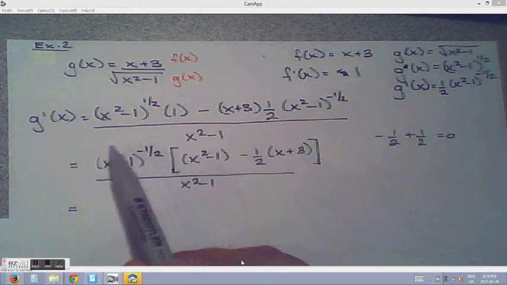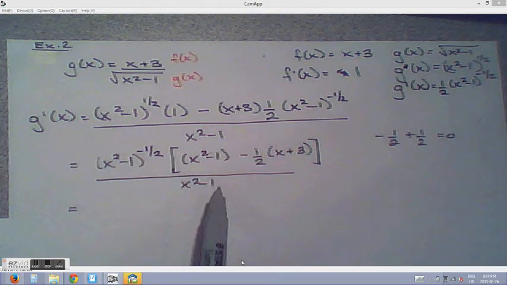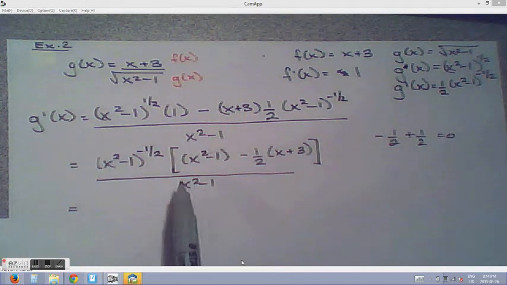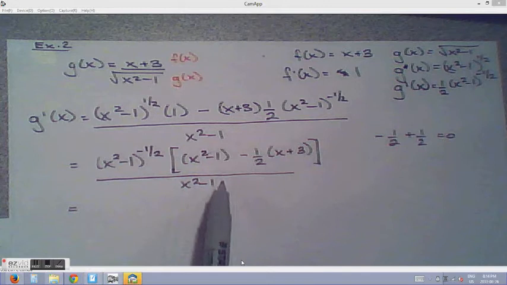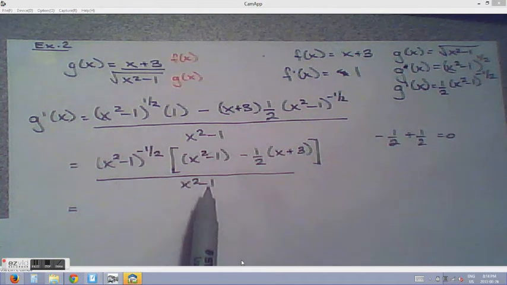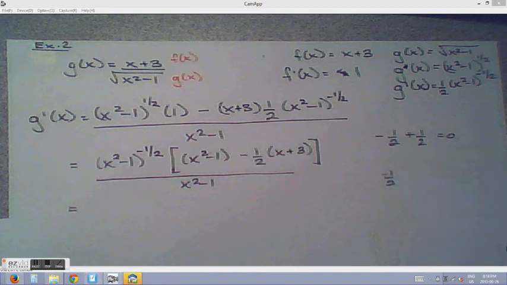So what we have here is like terms, the same base. x squared minus 1 is the same base, and you can look at this as if it has an exponent of 1. One of two ways you can look at this is this divided by that, negative a half. When you have a division of the same base, you subtract the exponents.